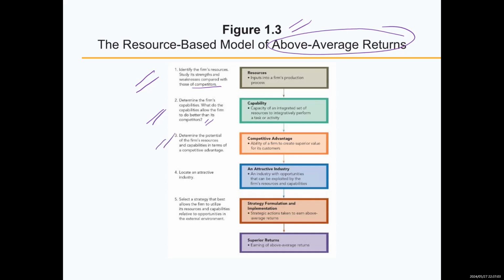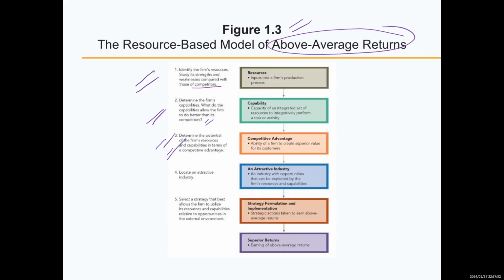The third one is firms should determine the potential for their unique set of resources and capabilities to outperform their rivals in terms of return. Determine how a firm's resources and capabilities can be used to gain competitive advantage.